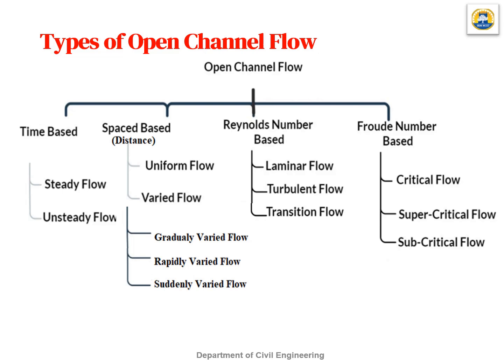The time-based classification gives steady flow and unsteady flow. The space-based classification gives uniform flow and varied flow. The Reynolds number classification gives laminar flow, turbulent flow and transition flow. And Froude number classification gives critical flow, supercritical flow and subcritical flow.